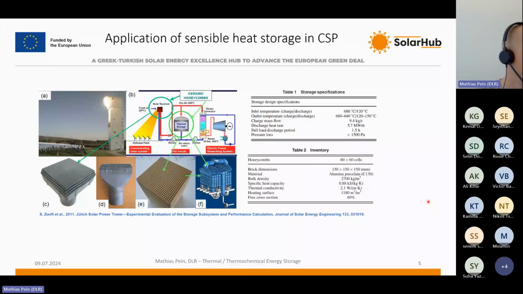But I want to highlight the fact that the specific heat capacity of such storage devices is limited, because you can only store heat in a sensible fashion. So there's no chemical reaction involved. So basically the specific heat capacity is limited to the amount of heat that you can store in the crystal lattice of the materials, which is in the range of about 1 kilojoule per kilogram Kelvin.